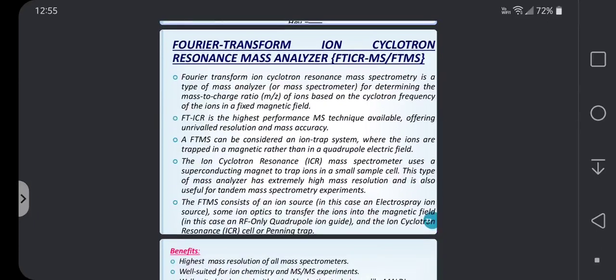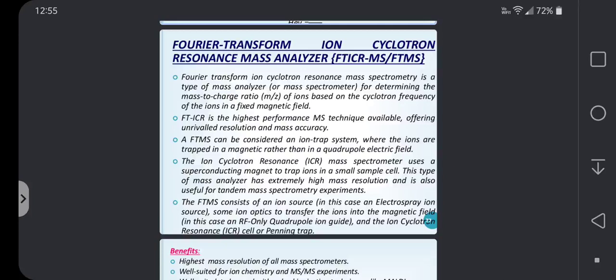Next, Fourier transform ion cyclotron resonance mass analyzer, FTICR MS, FTMS. Fourier transform ion cyclotron resonance mass spectrometry is a type of mass analyzer or mass spectrometer for determining the mass to charge ratio of ions based on the cyclotron frequency of the ions in a fixed magnetic field.